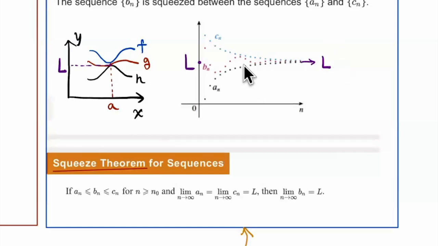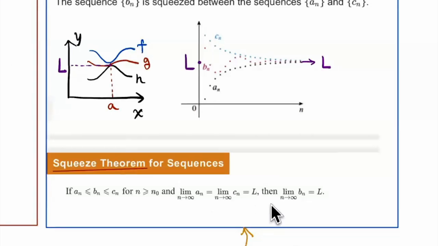It makes sense because it's sandwiched between An and Cn. The drunk person has to enter the cell between the two police. So this is what it means.